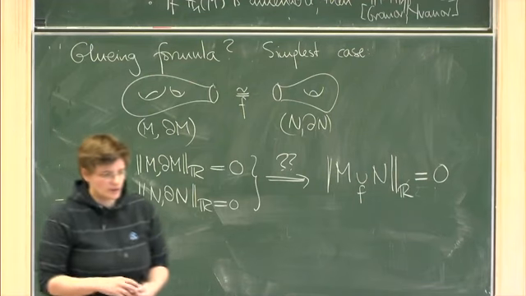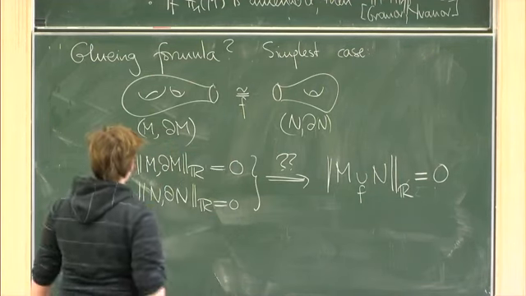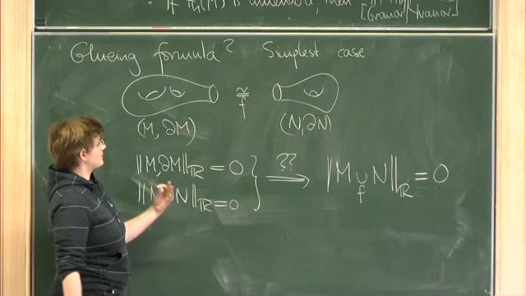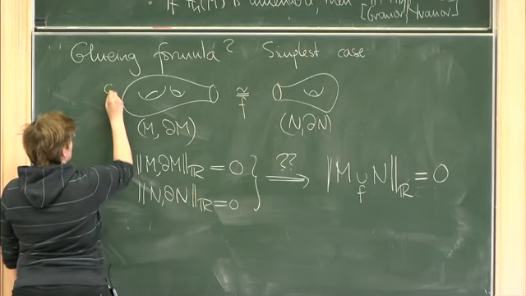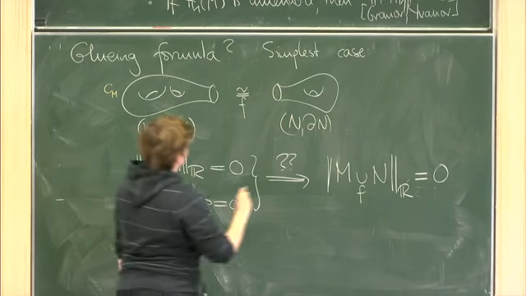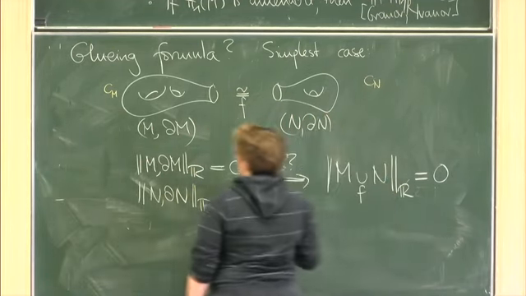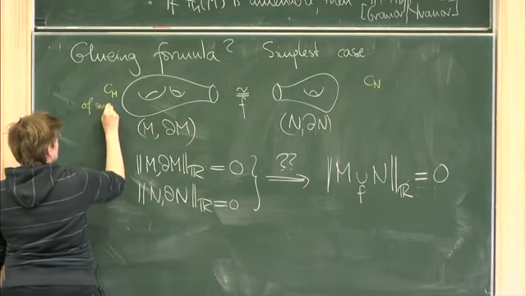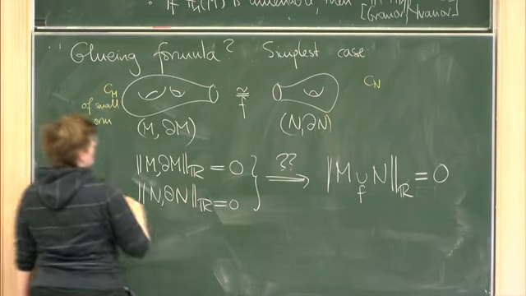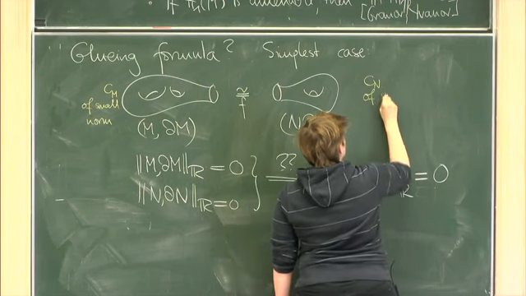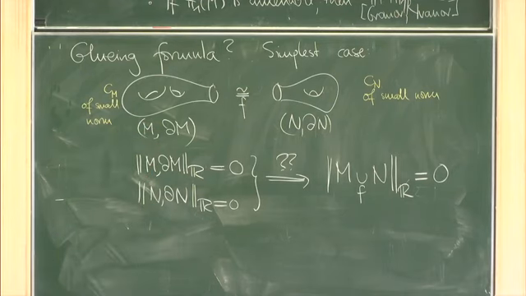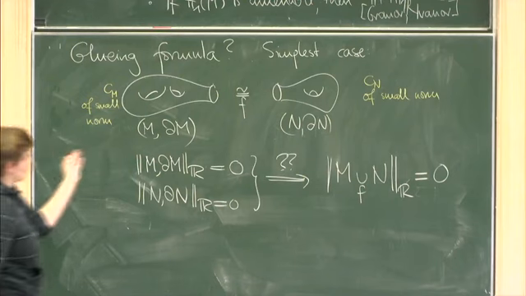Okay, so now let's assume we want to prove that. How do we start? We know that these simplicial volumes are 0, so we will find relative chains, let's call them Cm and Cn, that have very small norm. And then how do we get a fundamental cycle of the whole thing?